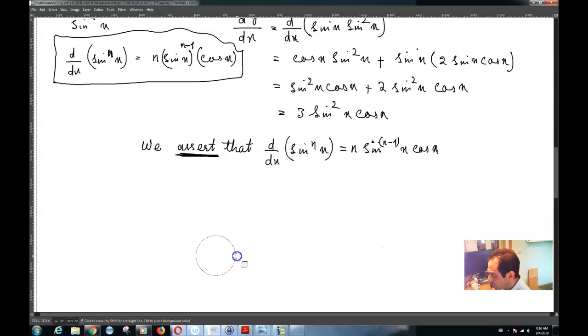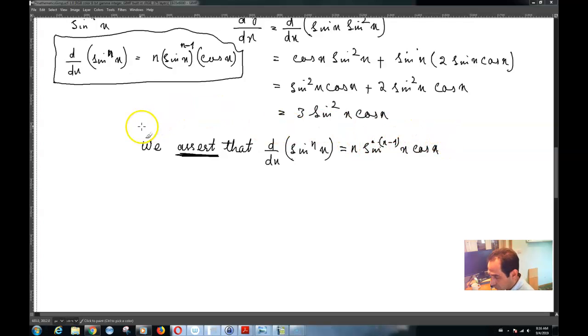So this assertion is just, you could call it a conjecture as well. Of course, I'm not using the word conjecture right in this context, but it's just some sort of assumption that I'm making, okay?